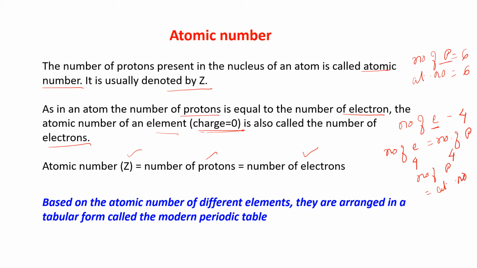So if the number of electrons 4 is given, its atomic number is also 4. Am I clear? Based on the atomic number of different elements, they are arranged in a tabular form called the modern periodic table. In the next class, you will learn about the modern periodic table.